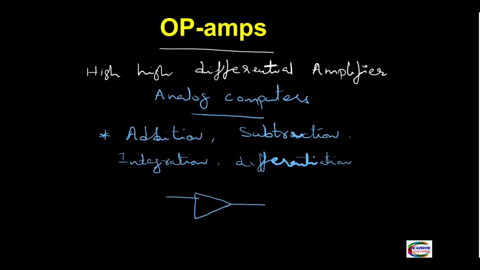We have two inputs, plus and minus, and this is the output. The plus input is known as the non-inverting input, and the negative input is known as the inverting input.